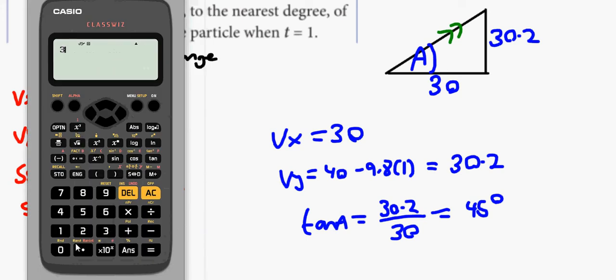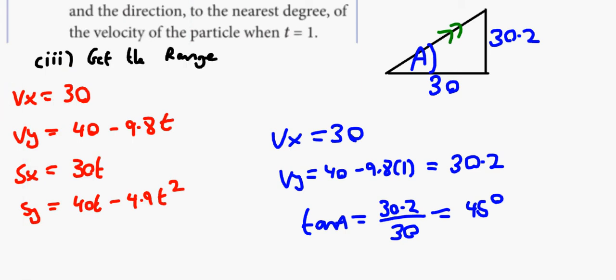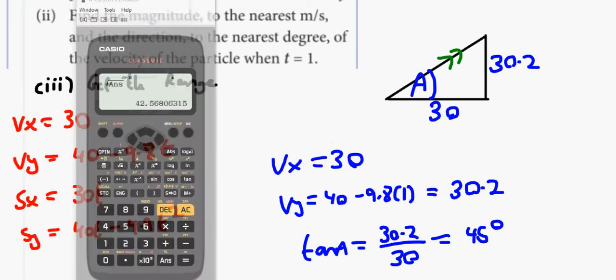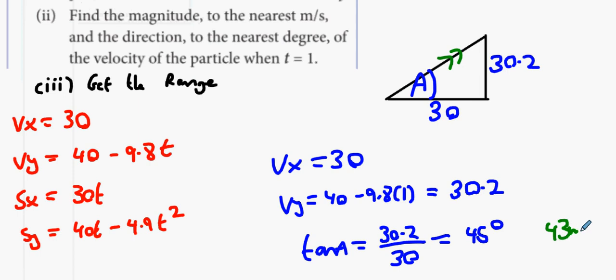So it's going to be 30 squared plus 30.2 squared, and then square root your answer. 42.57, to the nearest meter per second though, so 43 meters per second. 43 meters per second going at an angle of 45 degrees upwards. Everybody cool with that? Get the range. Alright. How'd you get the range? Yourself, sir. You, yeah.